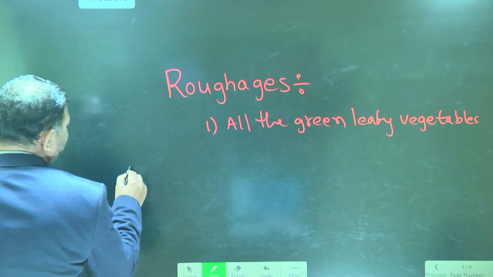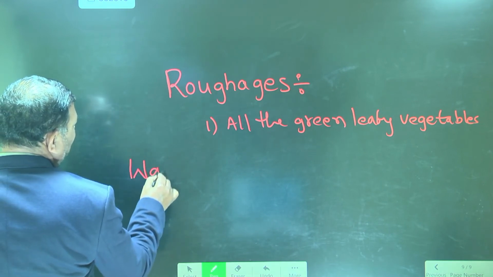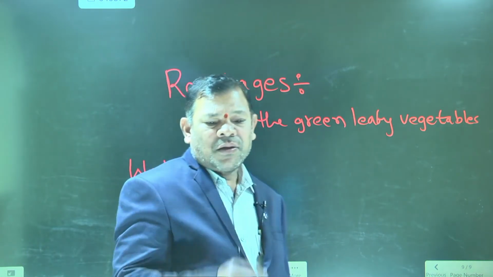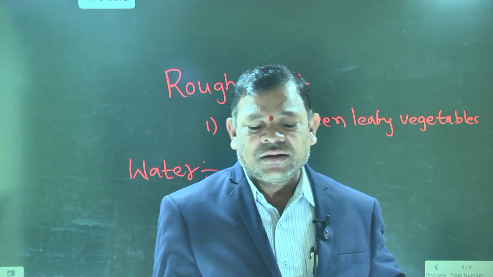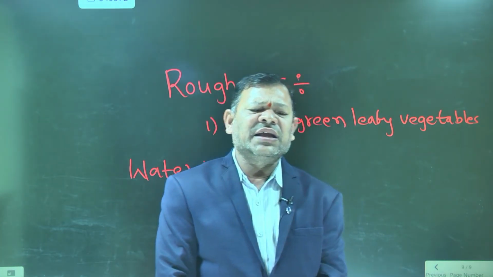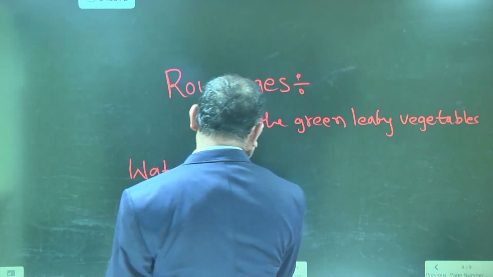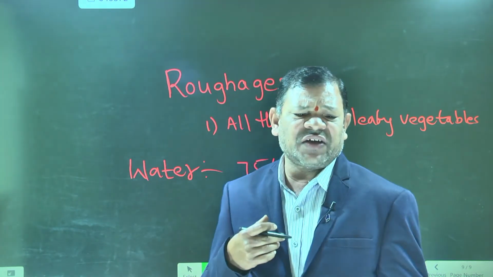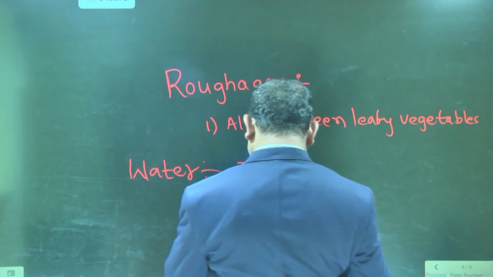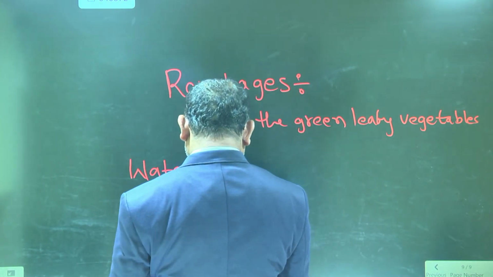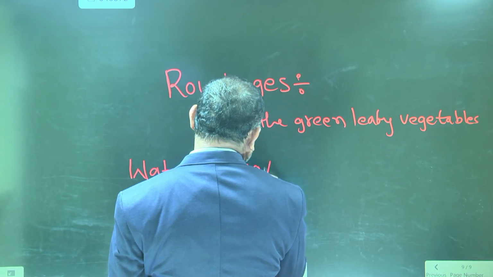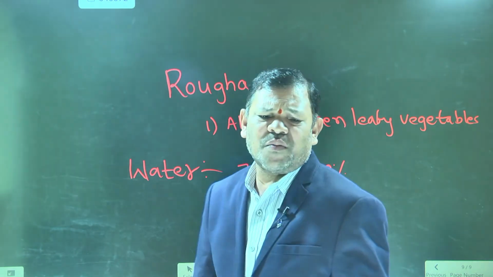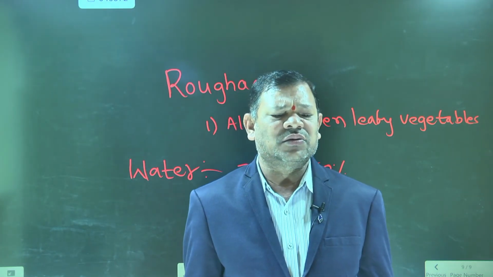Next one is water. What is the use of water? Water is 75%, so not 70, exactly 72 to 80% of our body, the major component is water only.